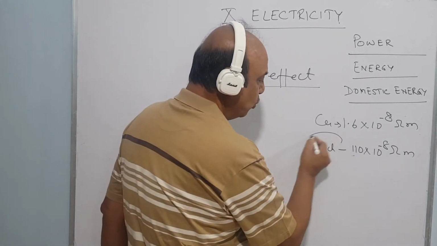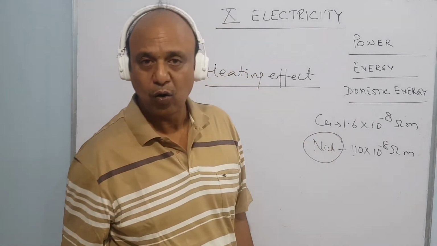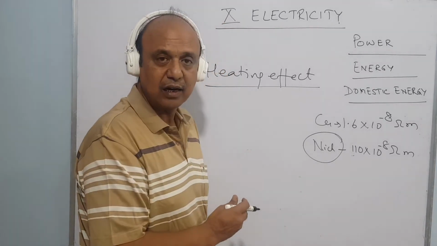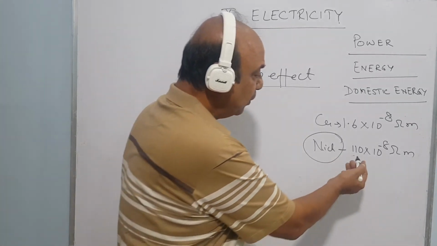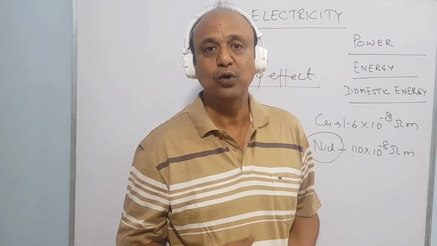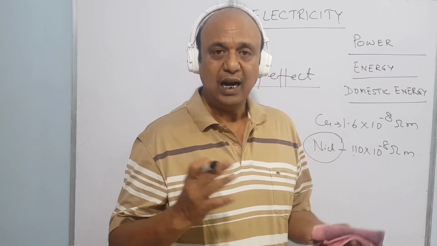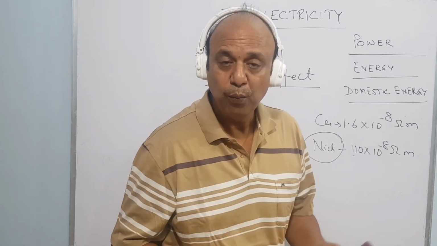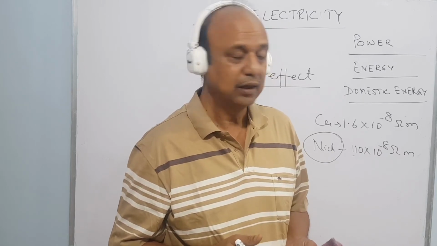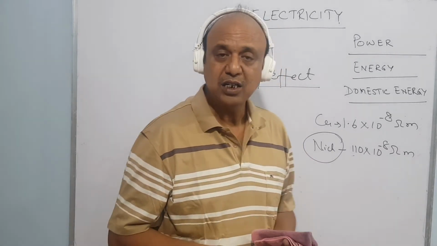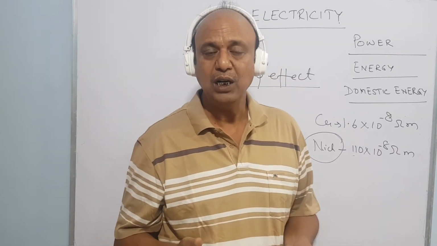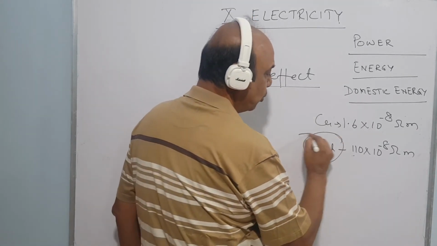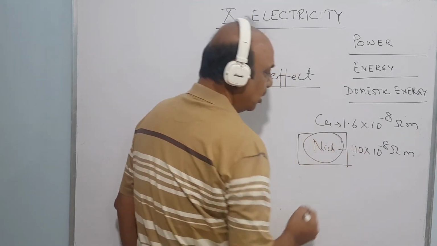So when we use materials like nichrome in the electrical circuit, because of their high resistivity, they start getting heated up. They start producing heat. And because they have high melting temperatures, they don't melt at that temperature. So tungsten, nichrome, all these materials are used to produce heat energy using this.